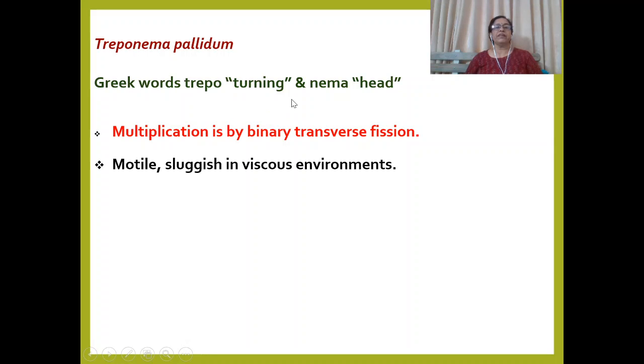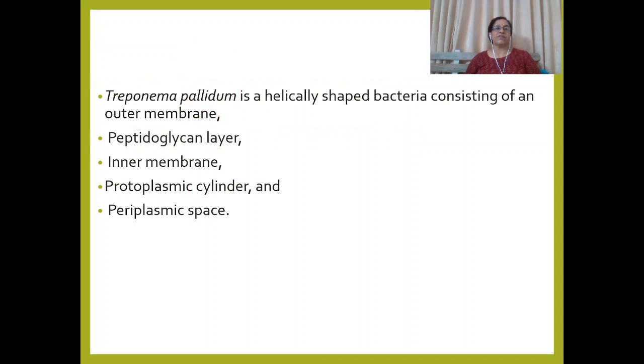And multiplication of this long thread-like organism occurs by binary transverse fission like other prokaryotes. They are motile because of the presence of their long thin screw-like shape as well as endoflagella. That motility is sluggish in viscous environment.